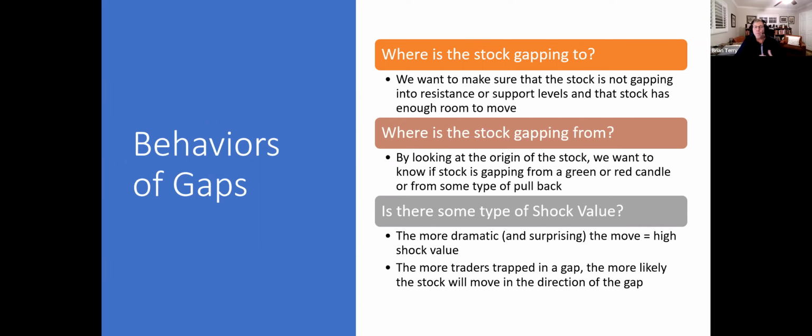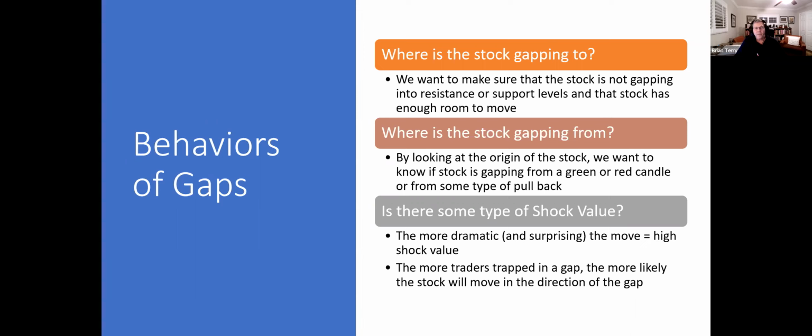So the more surprising the move, the greater the shock value. So if you see a stock that's gapped up or maybe made a really strong run and everybody thinks it's going to the next target level, and all of a sudden it has a major gap down, well, that's going to be a major shock value, especially to those people who bought shares as it was going up.